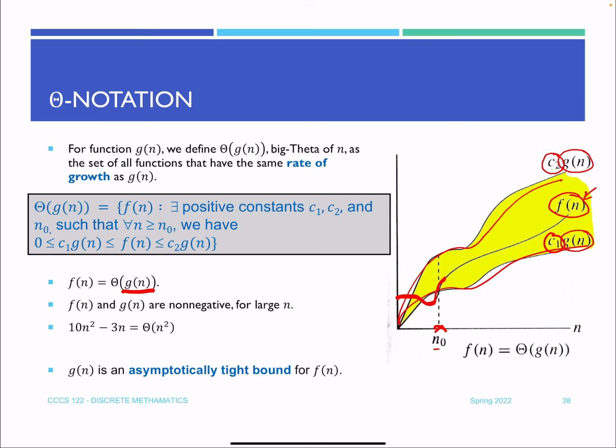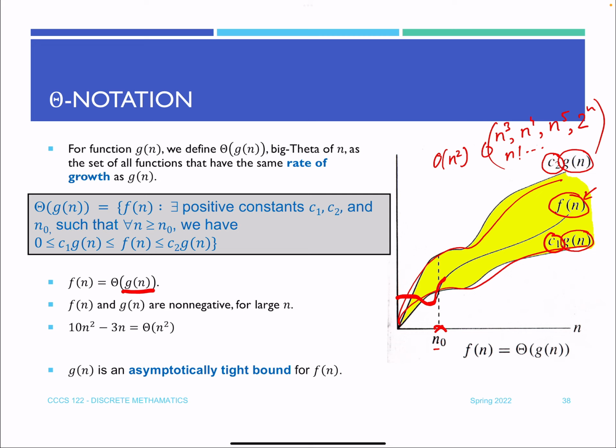Recall that in a previous example in the last lecture, we had a function that was big O of n squared, but that also meant that it was big O of any higher order function such as n cubed, n to the power 4, n to the power 5, 2 to the power n, n factorial.